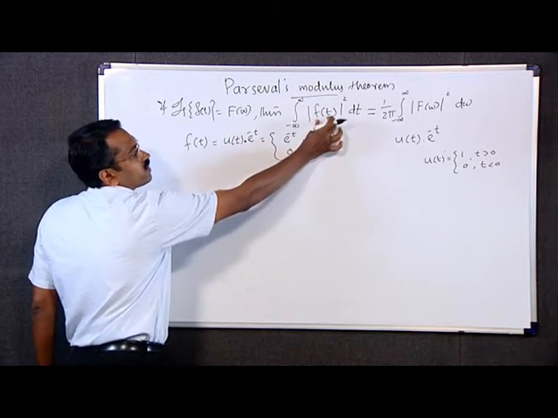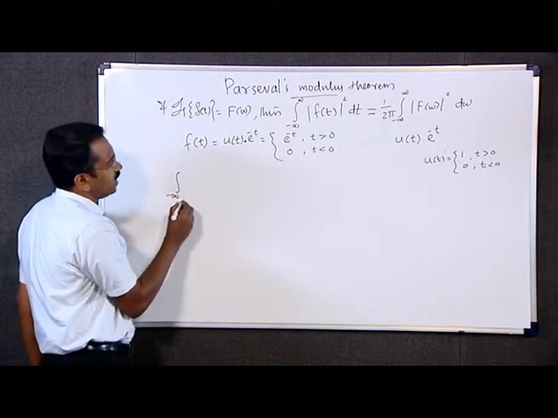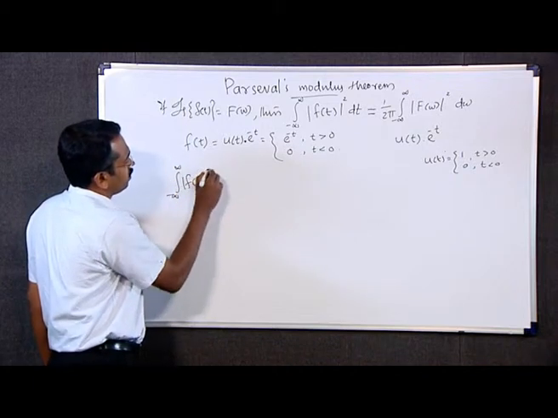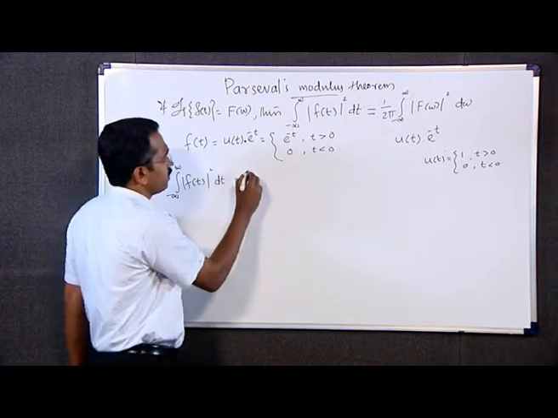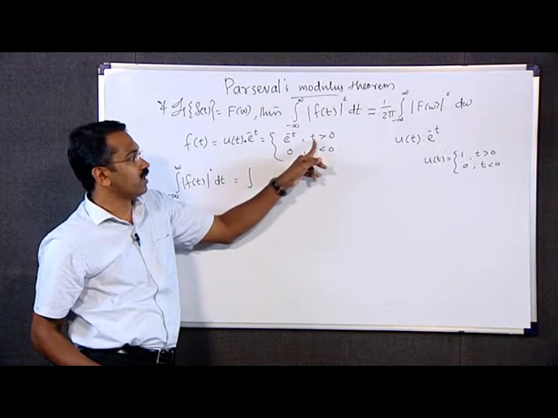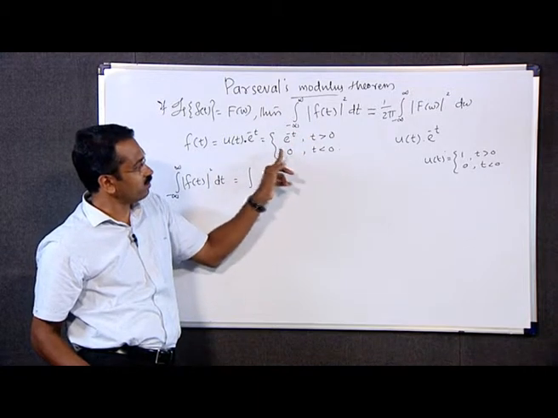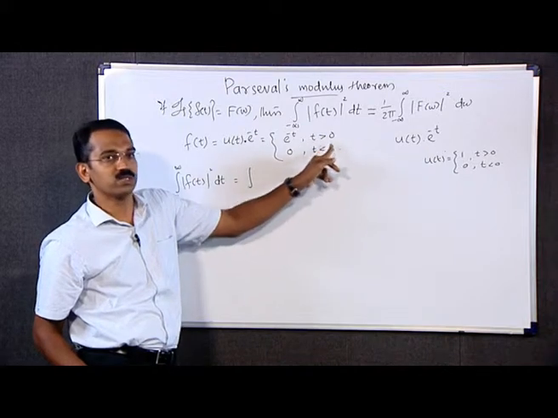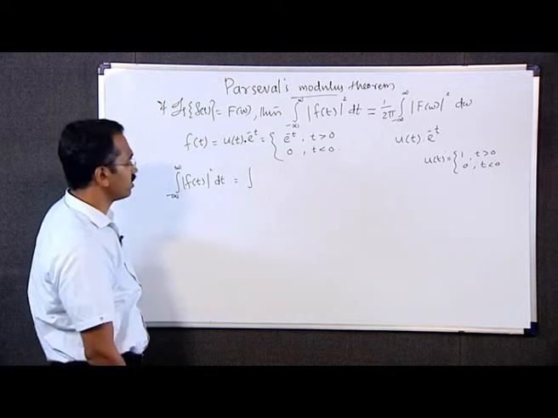Therefore, we can write the left hand side of this identity, integral from minus infinity to infinity modulus of f of t square dt, as integral from, here the limits of integration are in two ranges, that is the function is given by two ranges. T is greater than 0 means t is from 0 to infinity, and t is less than 0 means t is from minus infinity to 0.